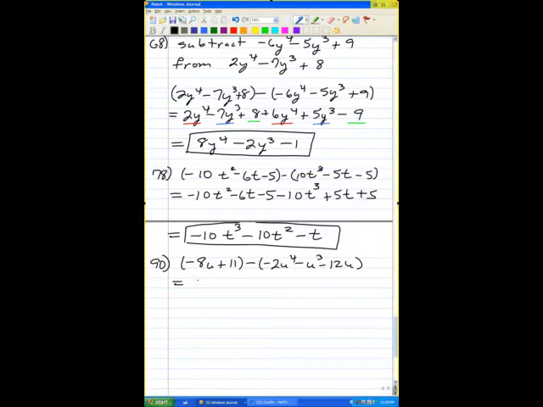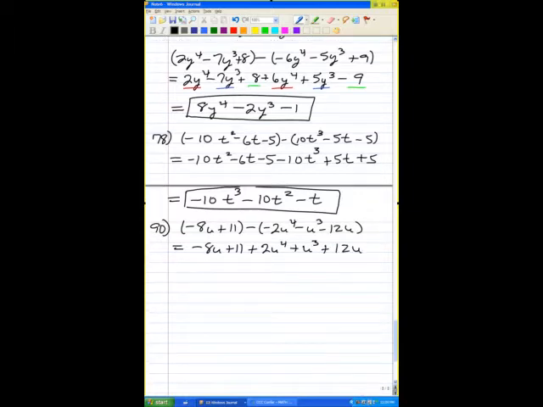Again, let's get rid of the parentheses. And so I have negative 8u plus 11. I have a minus sign outside the parentheses, so I'll change all the signs inside the parentheses. So the negative 2u to the fourth becomes a plus 2u to the fourth. The negative u cubed becomes plus u cubed. The negative 12u becomes plus 12u.